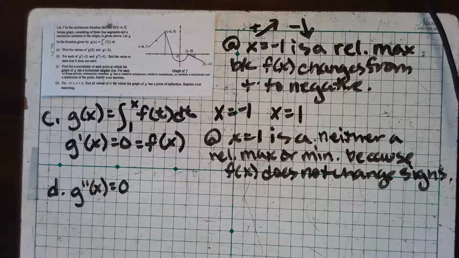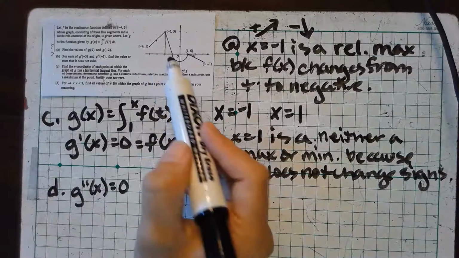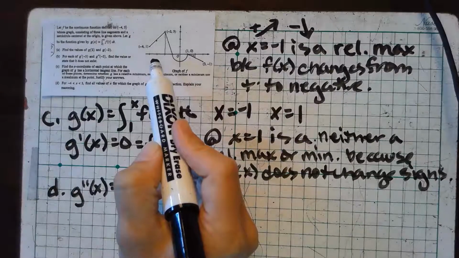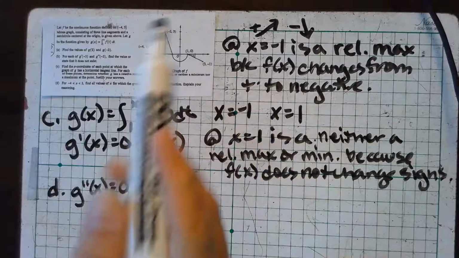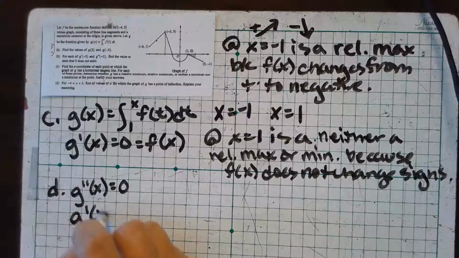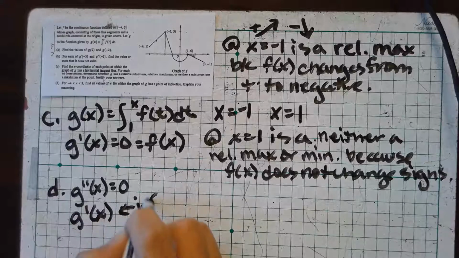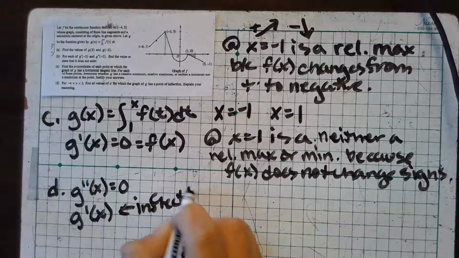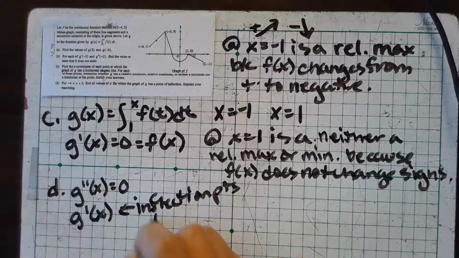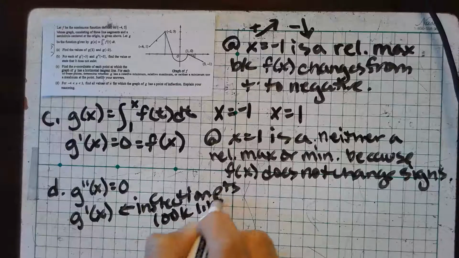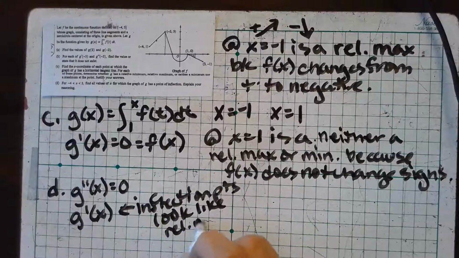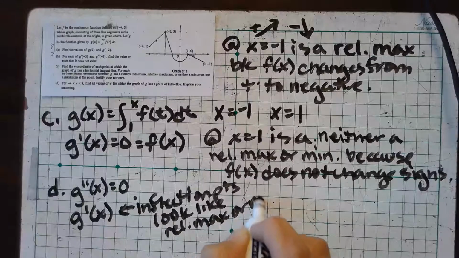So here, remember, this is the graph of G prime. And on G prime, inflection points look like relative max or mins.